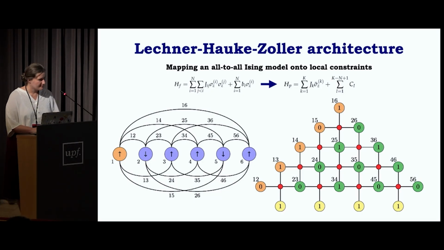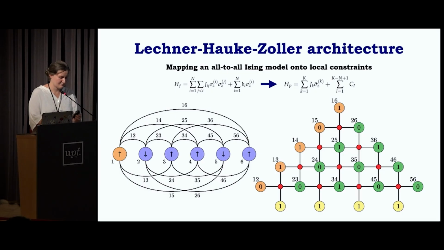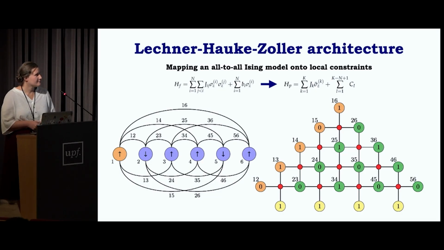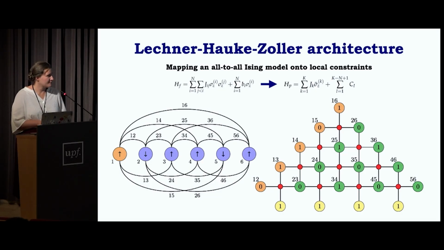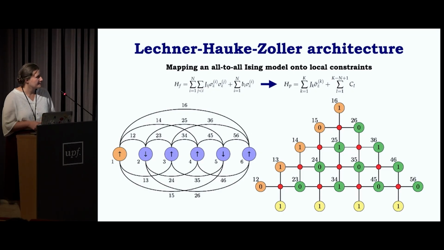For instance, this one, two, means that we have the spins 1 and 2, and the value is 0 because the spins are aligned antiparallel. Here, 1 and 3, the logical spins are aligned parallel, so the value is 1. And as you heard yesterday, there is this parity constraint relation. So in every closed loop, we have an even number of ones.